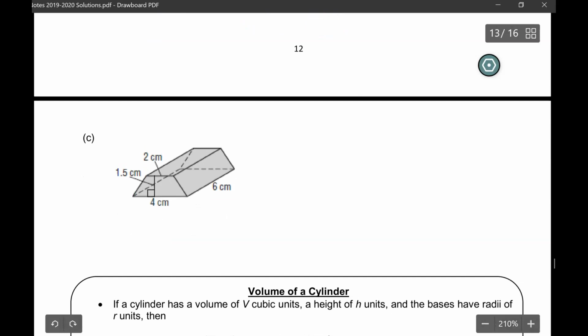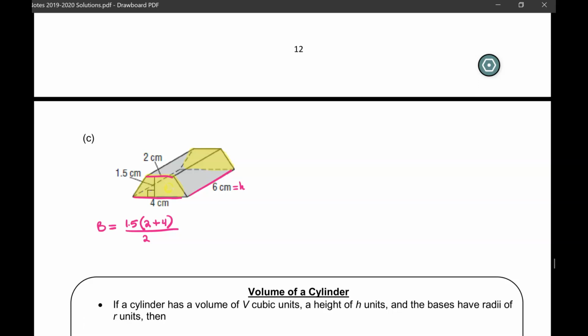Okay, C. So in this case, our base is going to be this trapezoid here, because we have another one, congruent and parallel in the back. And then we can identify 6 centimeters, that's the height, because it's the distance between the 2 bases. So for this one, since it's a trapezoid, we're going to take the height, which is 1.5, and then in parentheses base 1, 2, plus base 2, which is 4, and we're going to divide by 2.